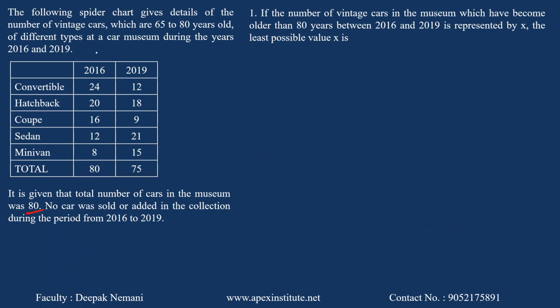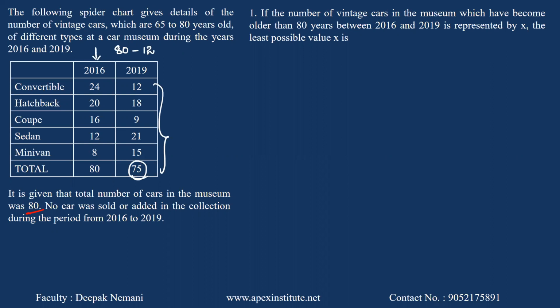So if you observe, in 2016 the number of vintage cars is itself 80. And in 2019, 12 cars of convertible have crossed 80 years old. So there should be a reduction of minimum 12 from these 80 in the year 2019. But when you add up these numbers, you'll be getting 75. So there is a flaw in this question.